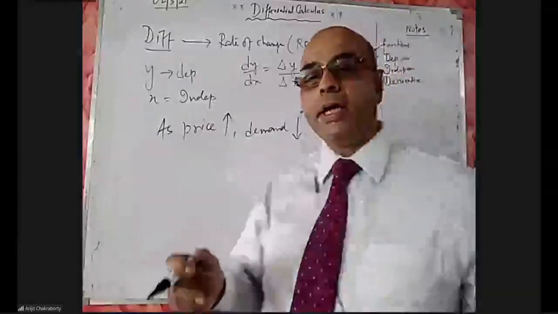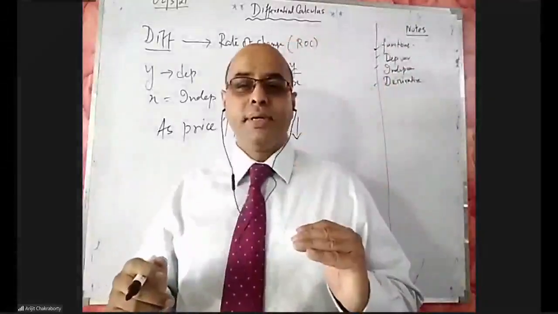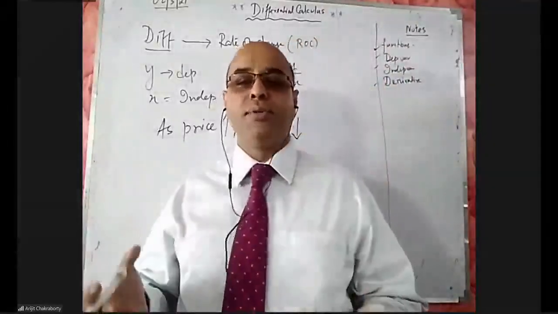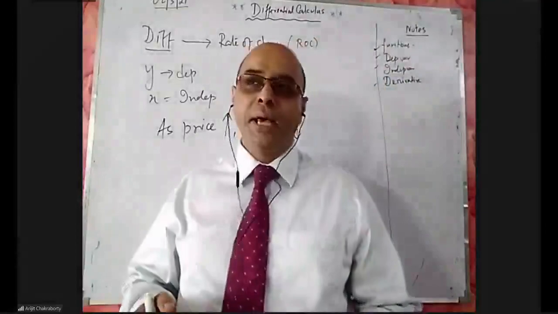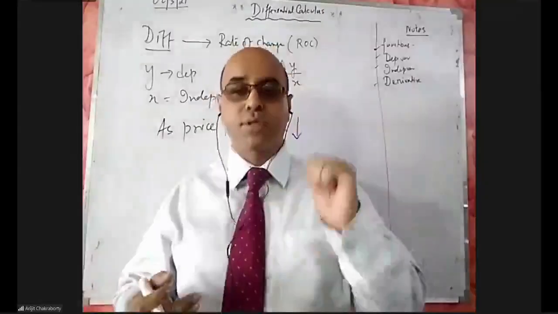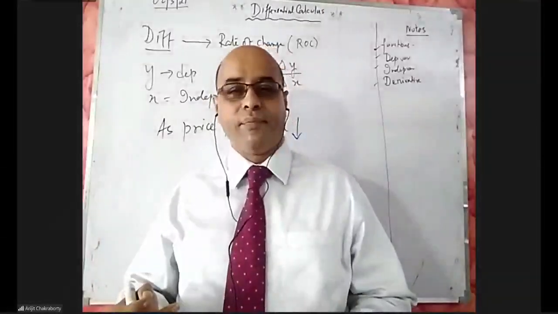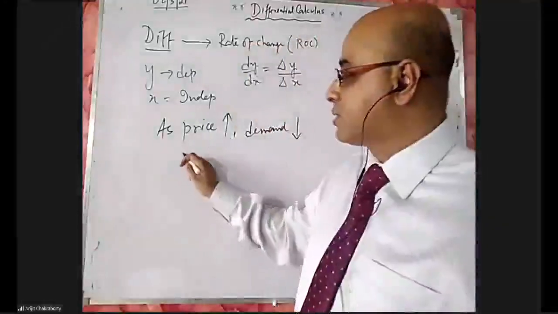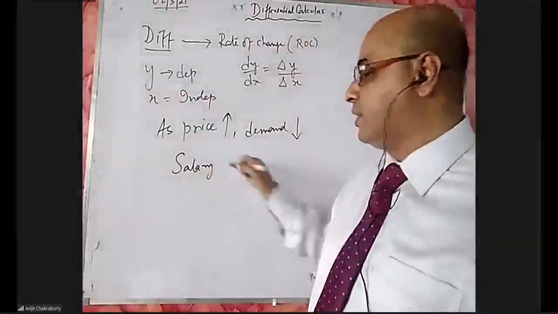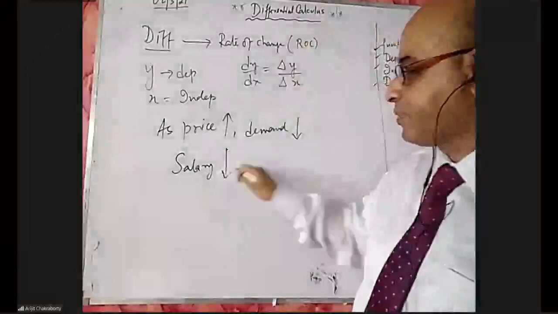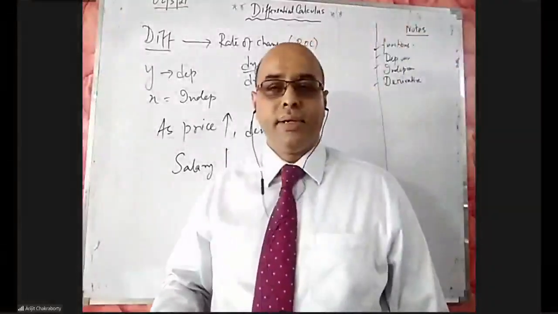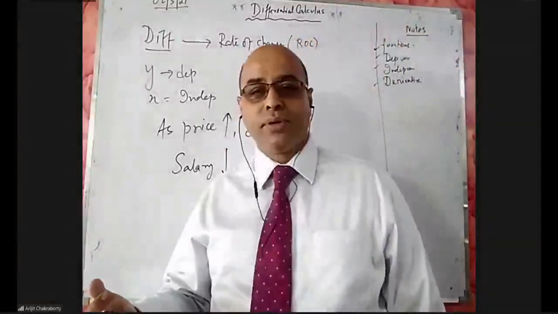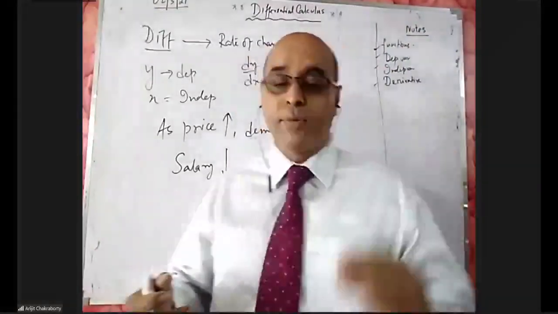Similarly, if my income goes down, say I lost my job during the COVID pandemic, or my salary has been reduced, I will not be able to buy so many commodities. I will have to cut down my expenses.